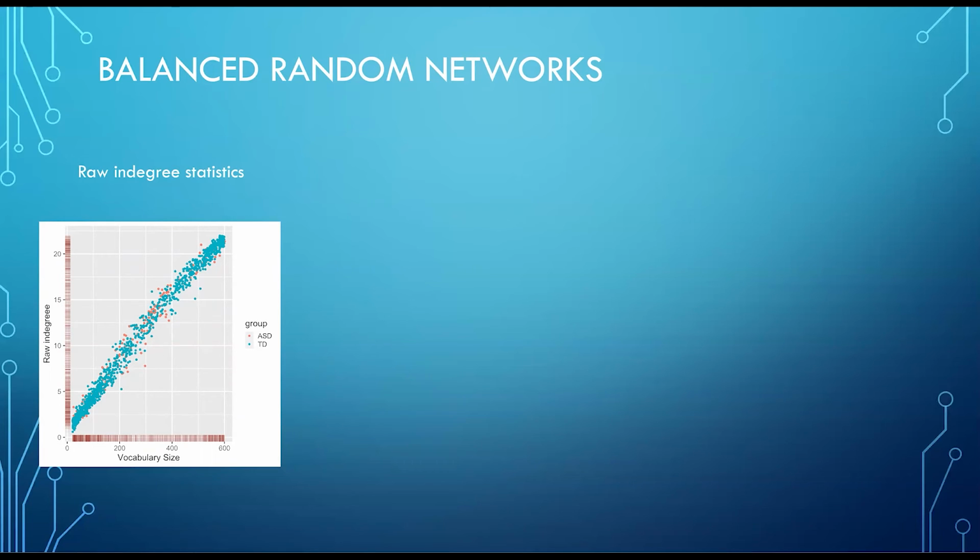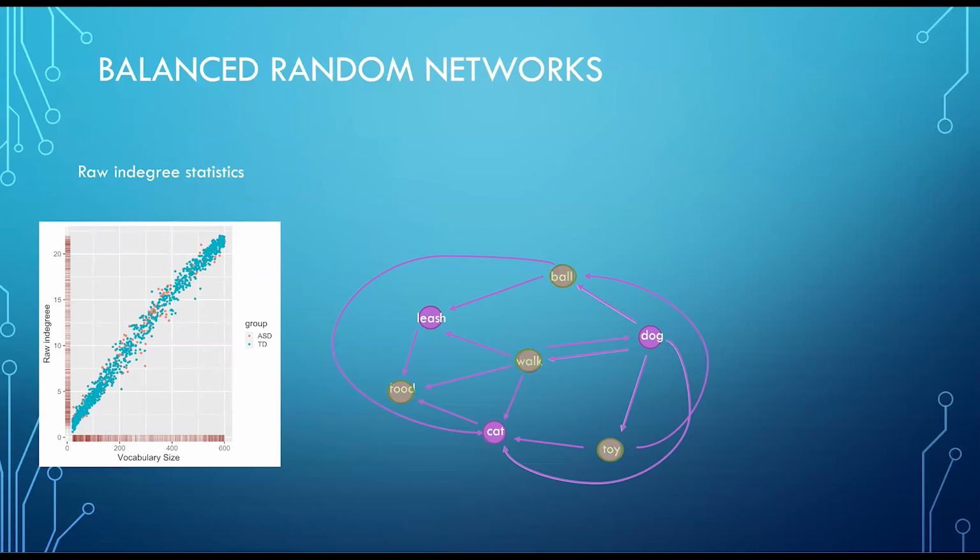This reflected the vocabulary size and the noun-verb composition of each participant, and the connections between the words via word association norms were retained. So let's say we have this network simulating a full network of all the words on the CDI, and the child has a vocabulary of 4. We are going to sample 4 random nodes with the same ratio of nouns and verbs as the child's network and compute the statistics for that network.